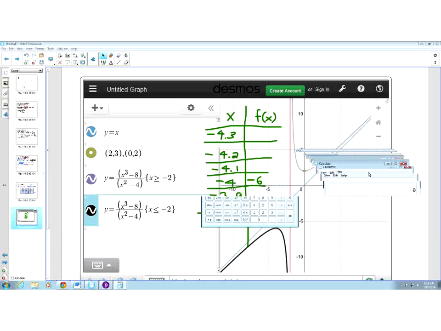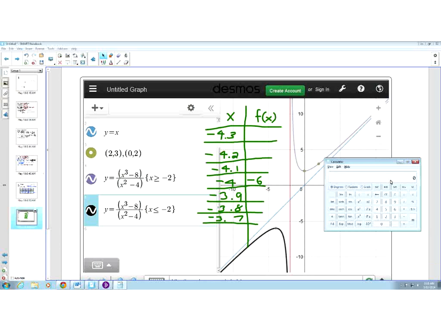I'm not sure if you can see this. So I'm going to calculate the output at -4.3.